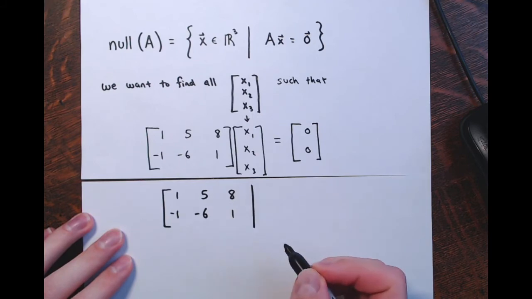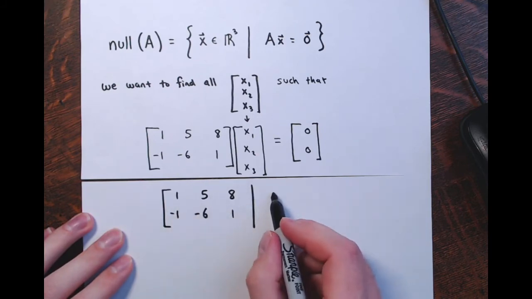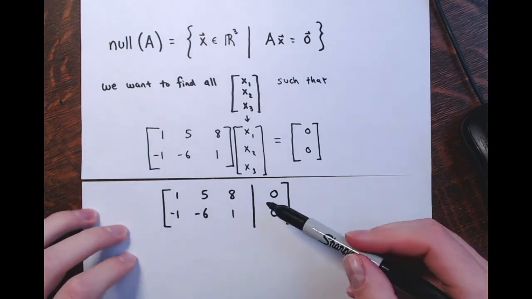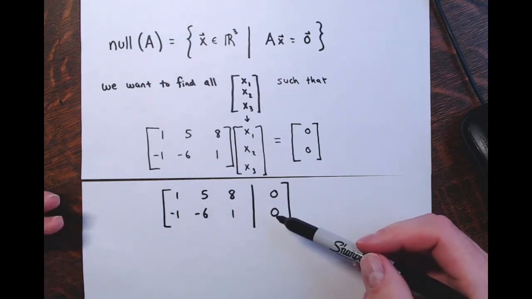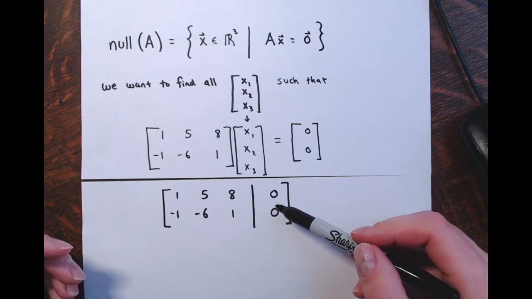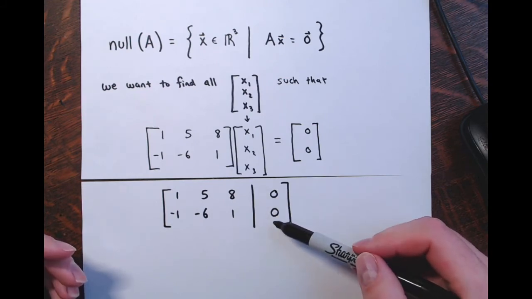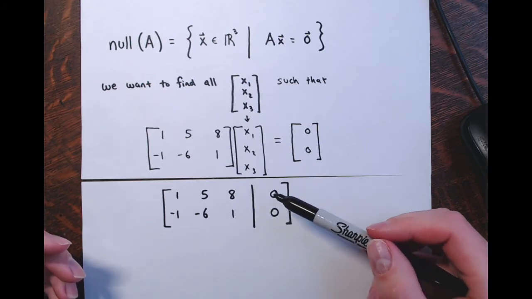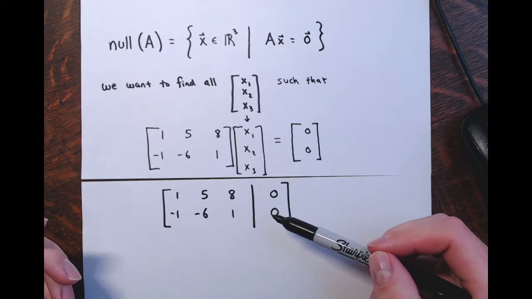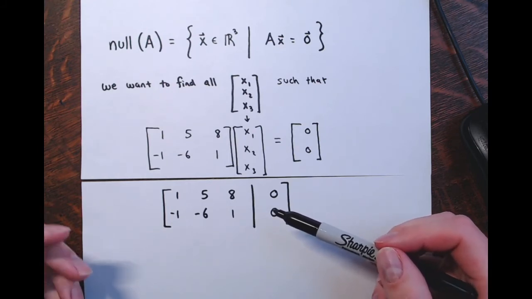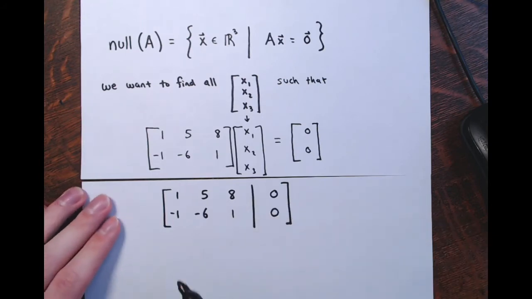Little bar for the equal sign, so you've got matrix A over here, bar, and then just zeros over here. And very often the zeros aren't written because you just imagine that they're there. Because when you perform row operations to put this into reduced echelon form, any column of zeros is going to stay a column of zeros. This will not change.